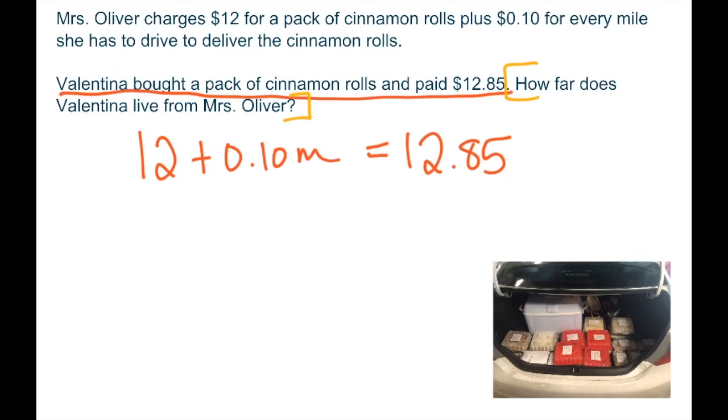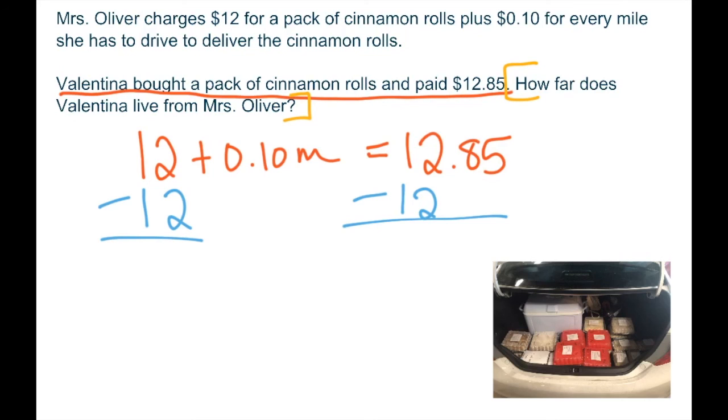Well, to do this, the first thing we want to do is move whatever has no variable all to the same side, away from the variable. So if I'm looking at my left side of the equation, I see I've got this 12 that doesn't have a variable. And since it's a positive 12, I'm going to do the opposite of positive 12 and subtract 12 from both sides.